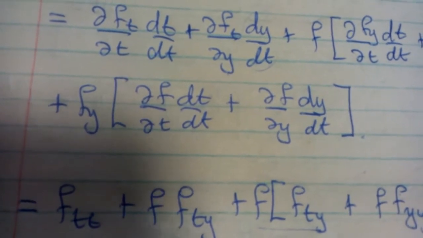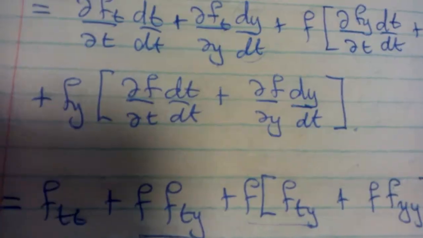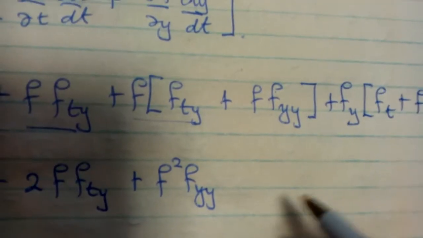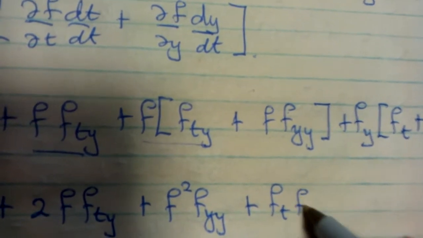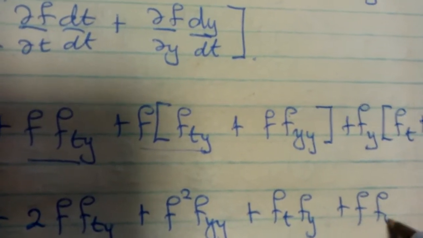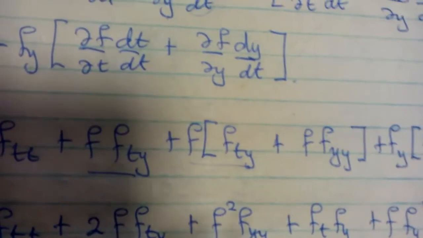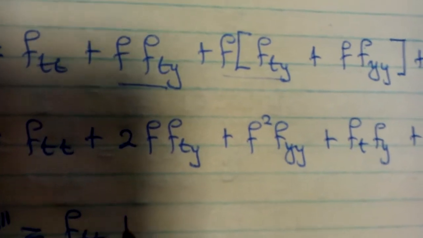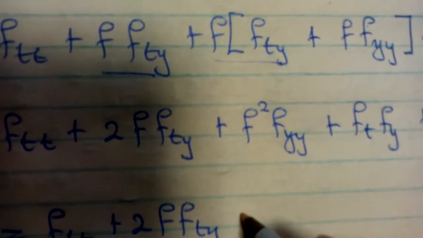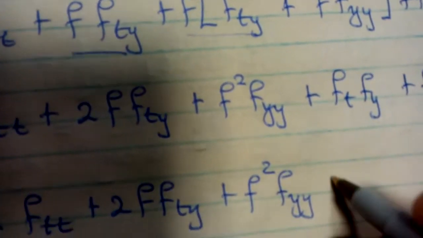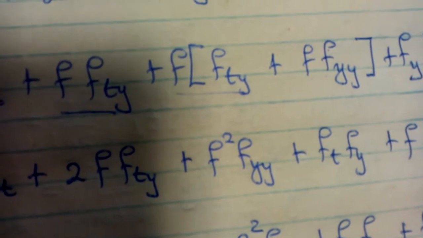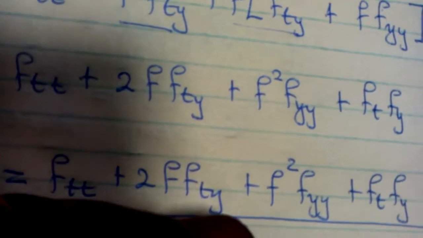They'll add to 2 f f_ty, plus f squared f_yy, plus f_t f_y plus f f_y squared. So this is my y triple prime.